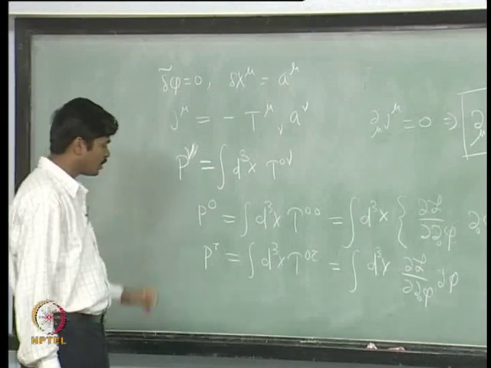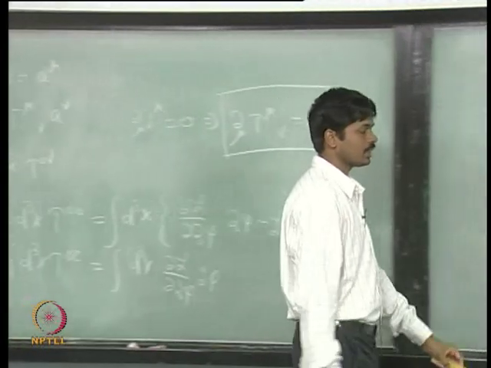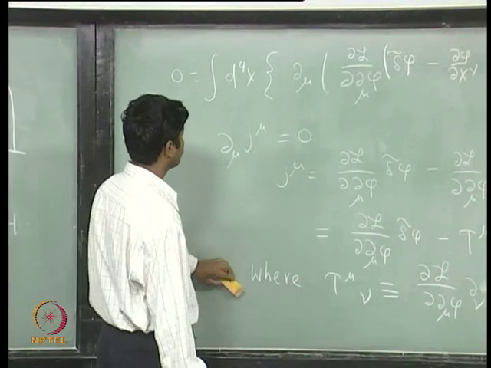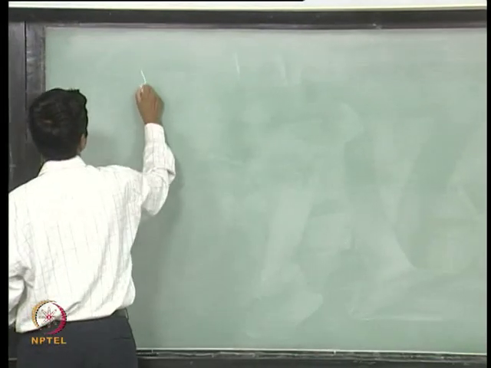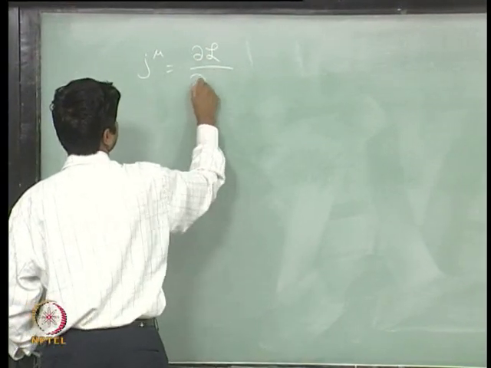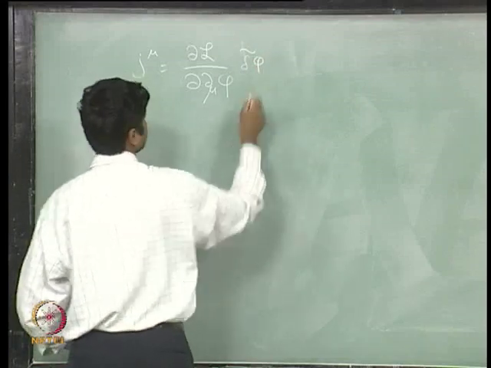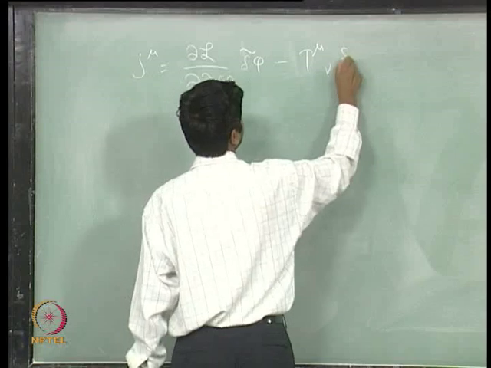Now, we can consider invariance under Lorentz transformation. So, let us again consider the conserved current J^μ, which is ∂L/∂(∂_μ φ) δ̃φ − T^μ_ν δx^ν.